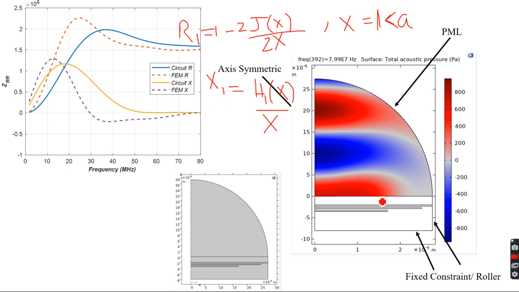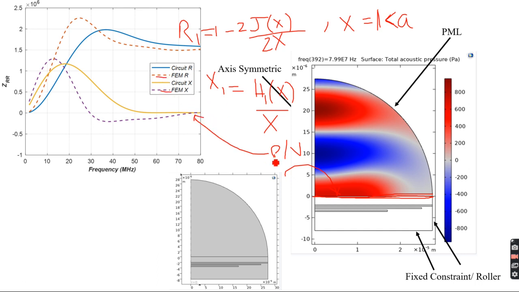But in COMSOL, first off, the red and blue regions are the compressions and rarefactions in the medium. If you calculate the velocity on the interface of the transducer and your radiation medium from the solid mechanics part, then the pressure divided by the velocity is what you have in the broken lines from the FEM.